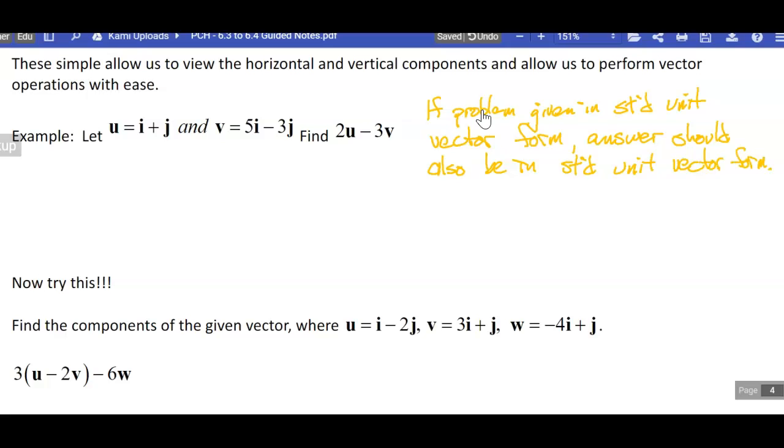Okay, so you want to be consistent here. Make sure that your answer is in the same form as the information given to you in the problem.